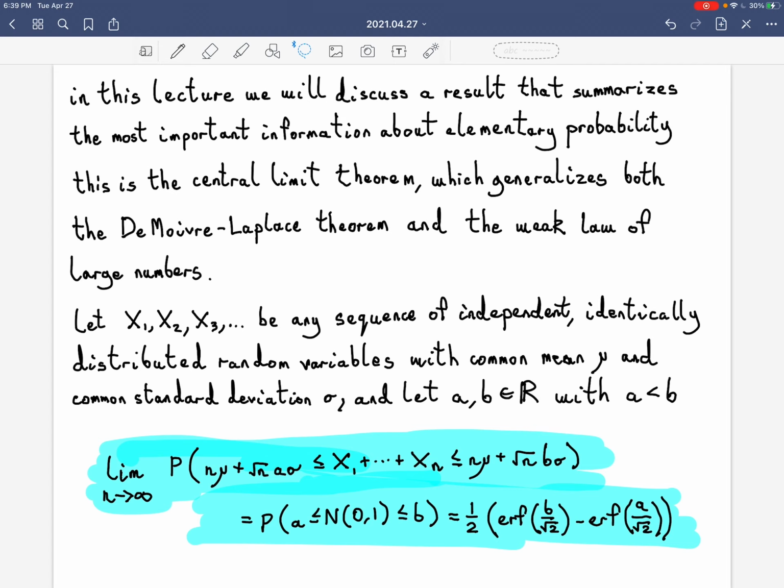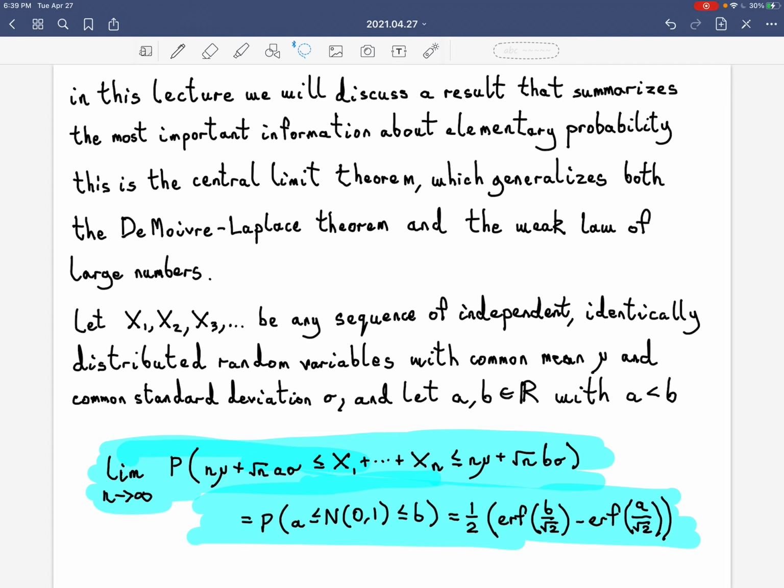And what we can see is that this is measuring an interval around n mu in units of square root n sigma. And that's the fundamental idea that we had with the de Moivre-Laplace theorem, which we're now seeing holds in a much more general context, where you have an arbitrary sequence of independent, identically distributed random variables.